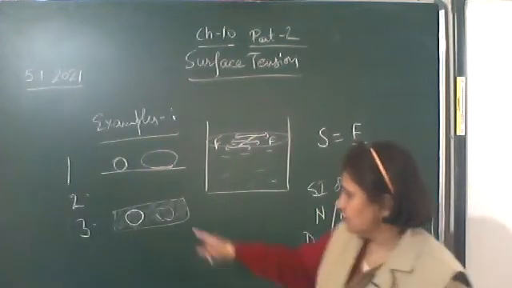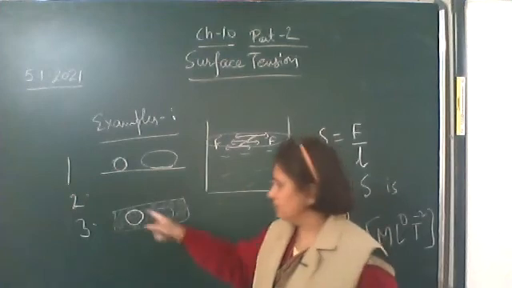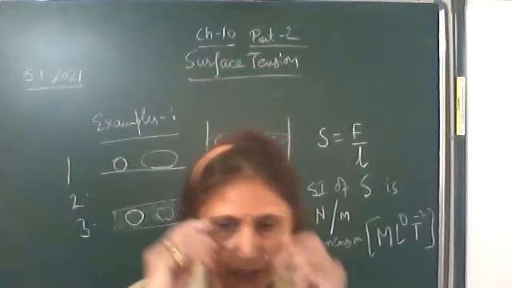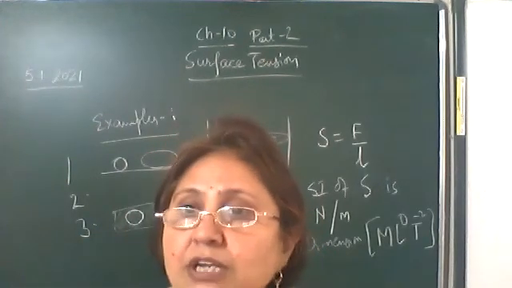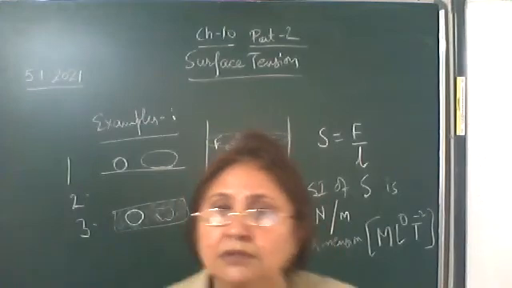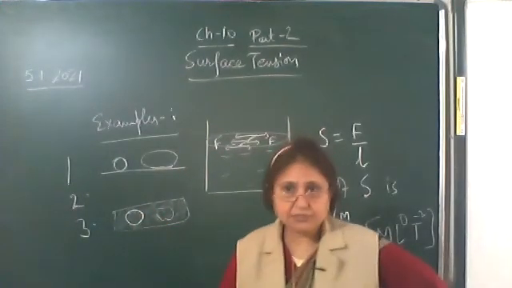So any thread which is kept on the soap film acquires a circular shape. Why? Because of surface tension, because it will try to attain a minimum surface area.